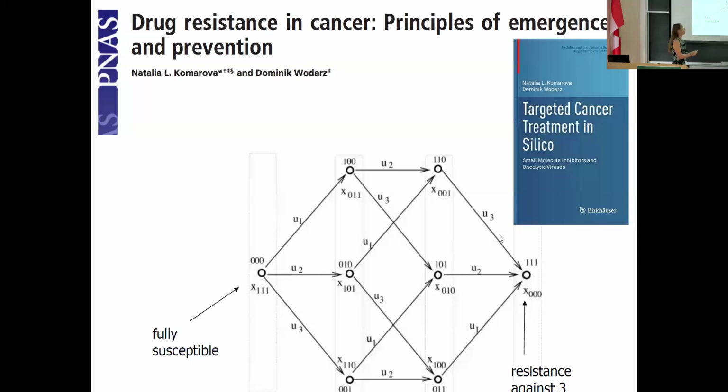The likelihood of this happening is much higher because there's only one mutational step that separates this type from the wild type. So it's very likely that these are already there even when you start treatment. These are difficult to evolve. This is how drug combination helps avoid resistance.